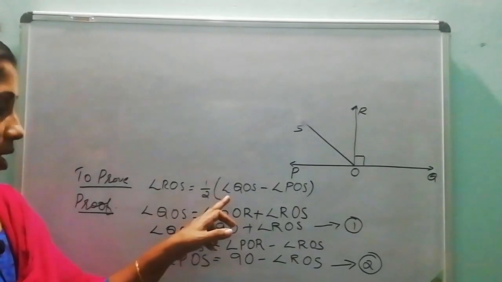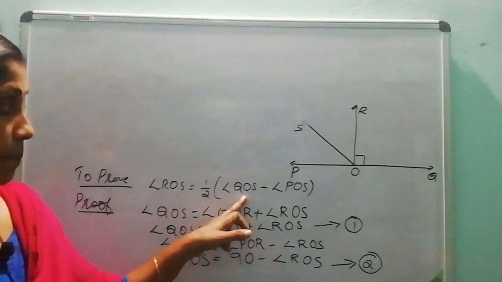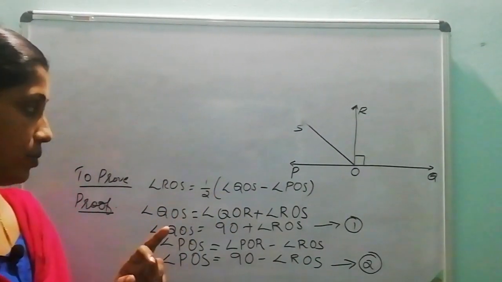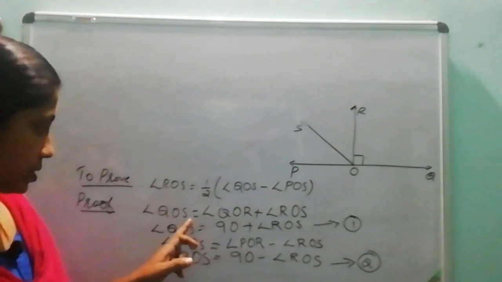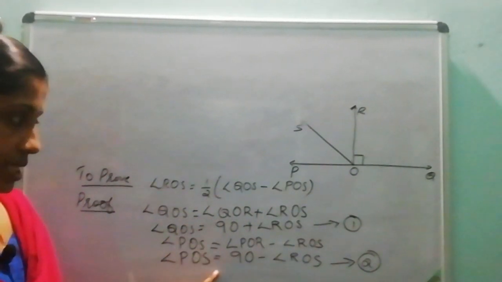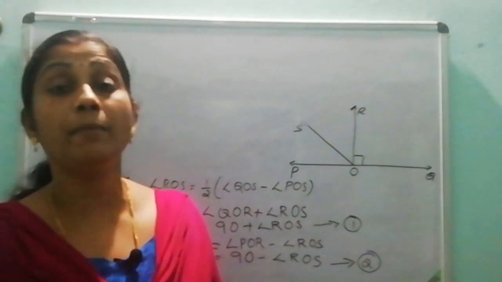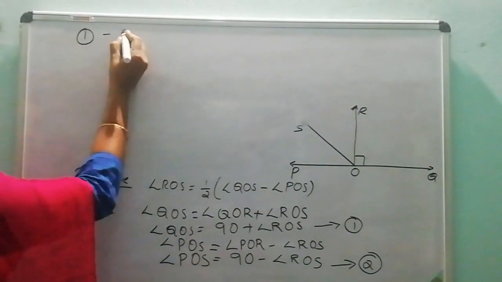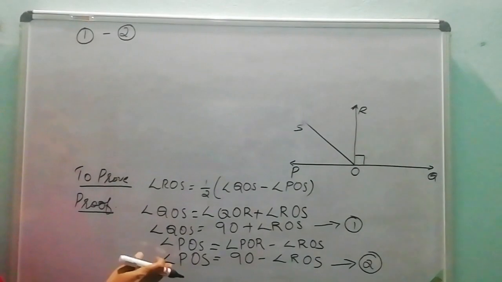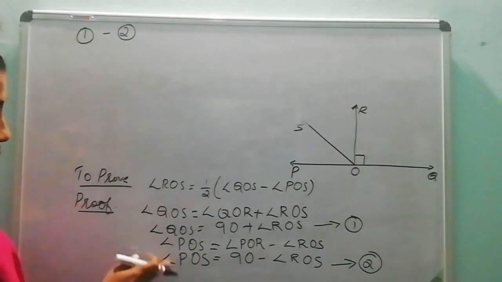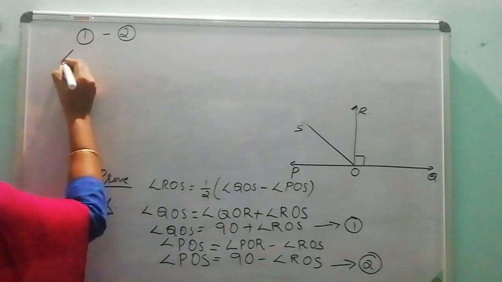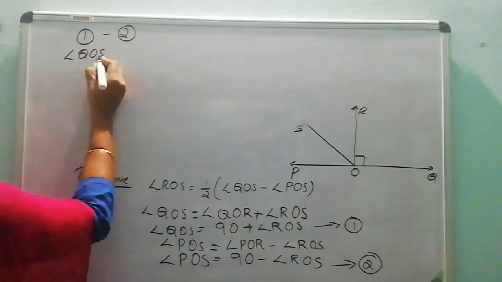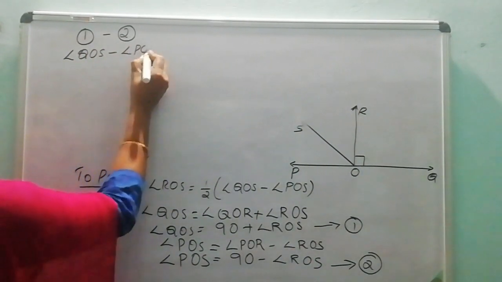Okay, then what is the question? What do you have to prove? Angle QOS minus angle POS. QOS is there, POS is here. So you have to subtract equation 1 minus equation 2. The left side becomes angle QOS minus angle POS.